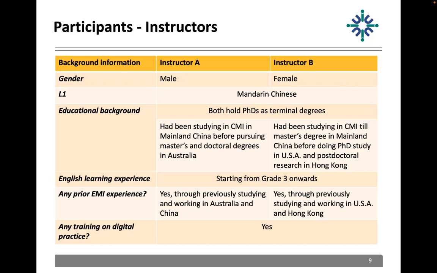Instructor A had been studying in Chinese medium instruction in mainland China before pursuing his master's and doctoral degree in Australia. And for the female instructor B, she had been studying in CMI to the master's degree in mainland China before doing PhD study in the USA and also postdoctoral research in Hong Kong.